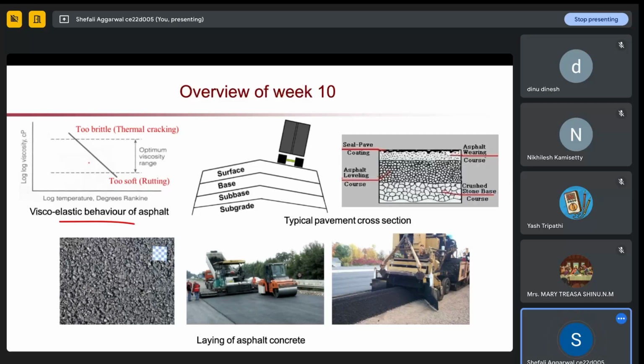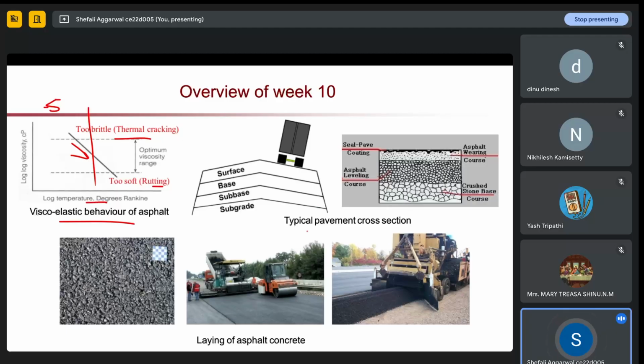So when we increase the temperature, the material becomes softer and there are chances of rutting. We will talk about what rutting is. And when the temperature is very low, like -5 in hilly areas mostly, the bitumen becomes very brittle. In that case there will be thermal cracks. All these types of cracking and damage we will see in the next slide.